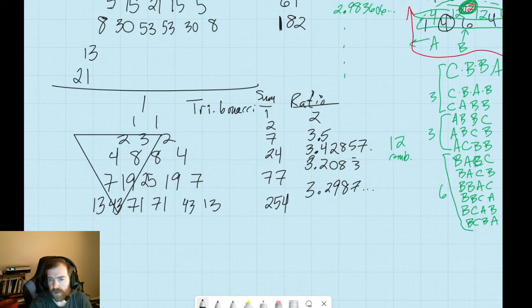Right, so again, this is finding an interesting particular value. The ratio is going to converge fairly nicely as we go on further and further.